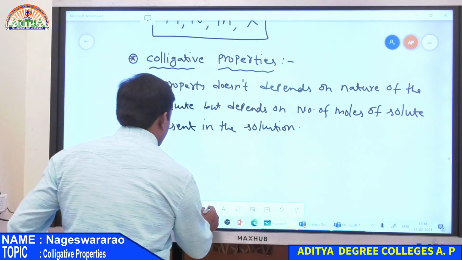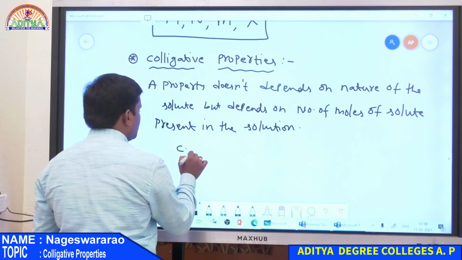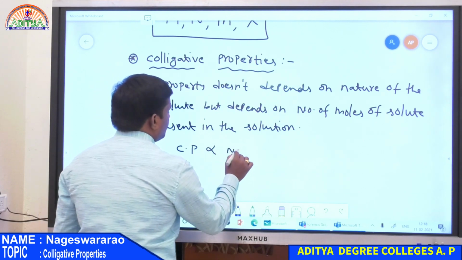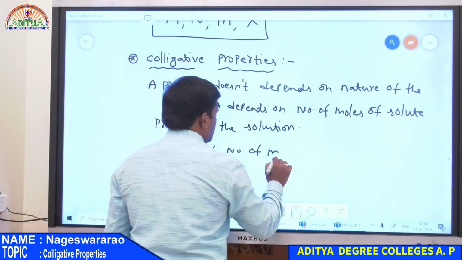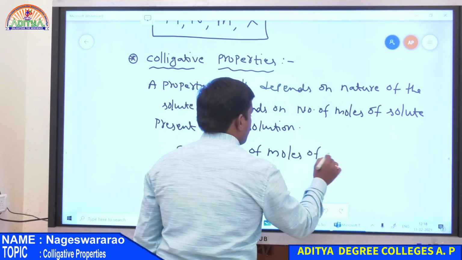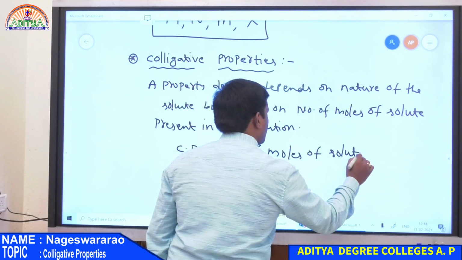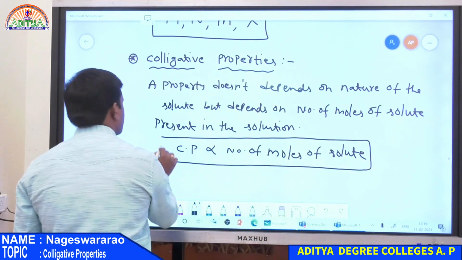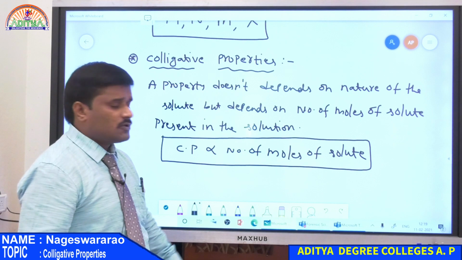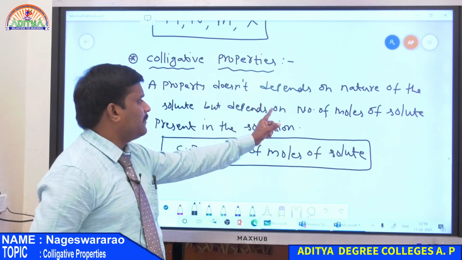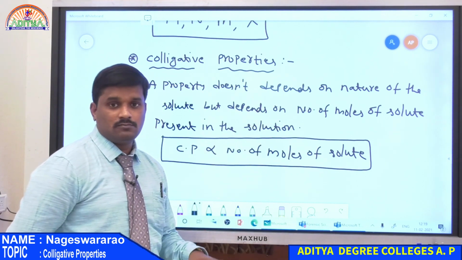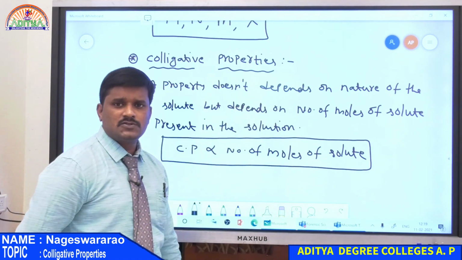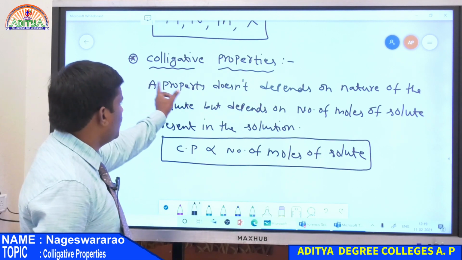Colligative property is directly proportional to the number of moles of solute present in the solution. Any property that only depends on the number of moles of solute, but does not depend on the number of moles of solvent or on the nature of the solution, is a colligative property.